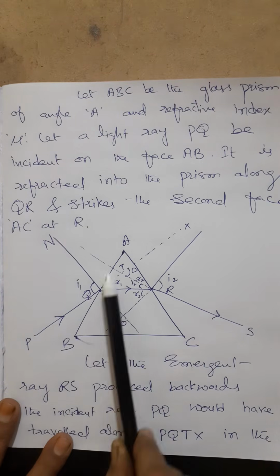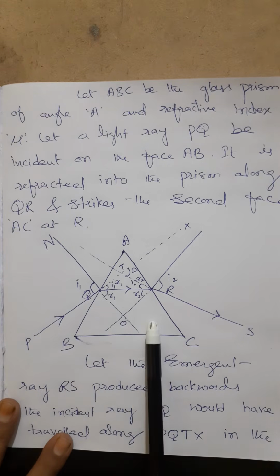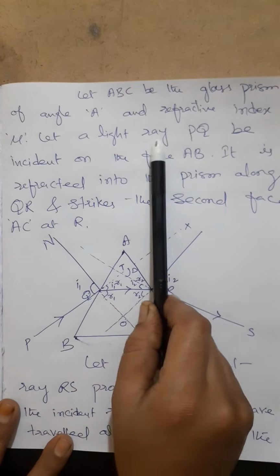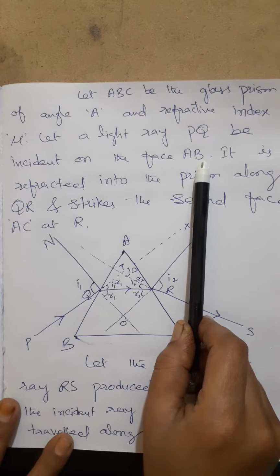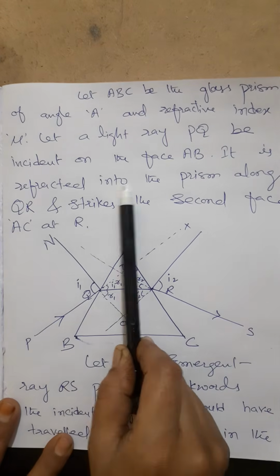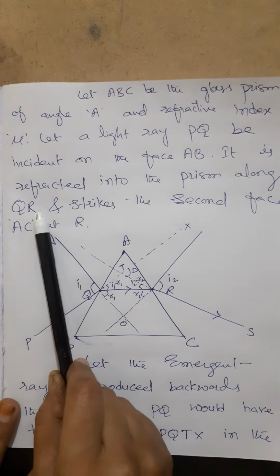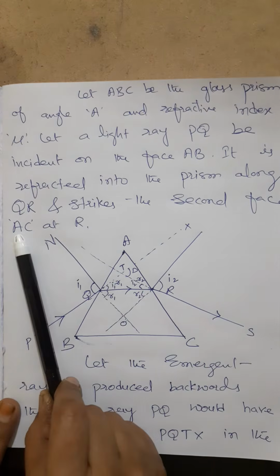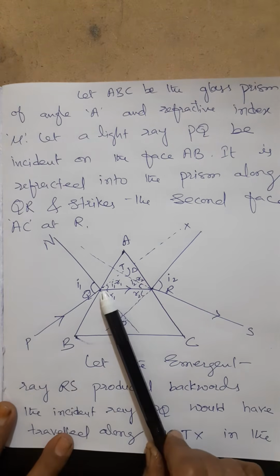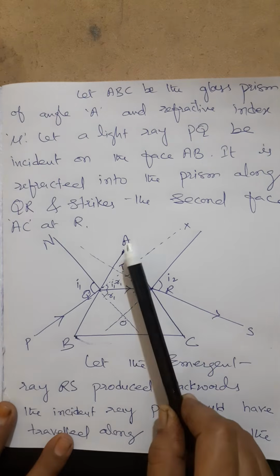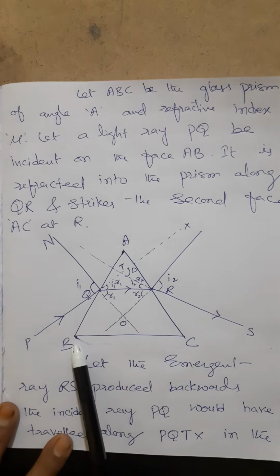Let a ray of light PQ be incident on the face AB. It is refracted into the prism along QR and strikes the second face AC at R.